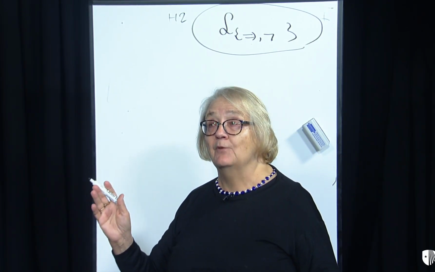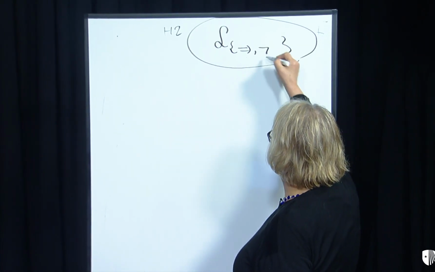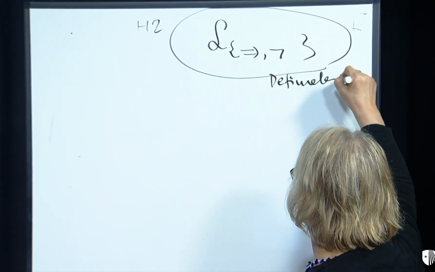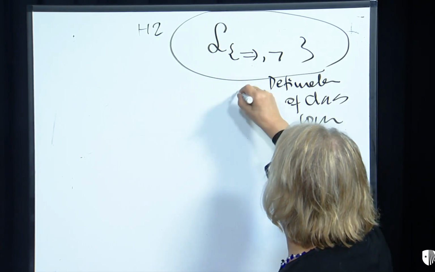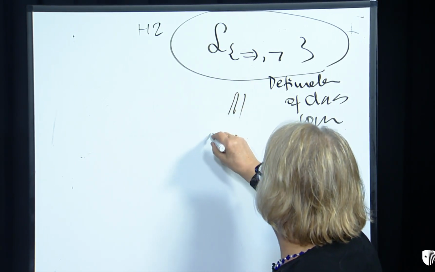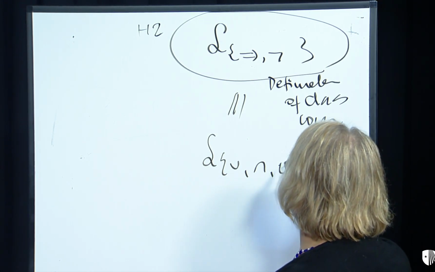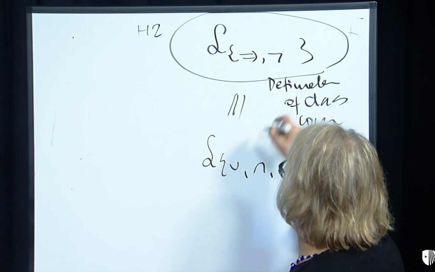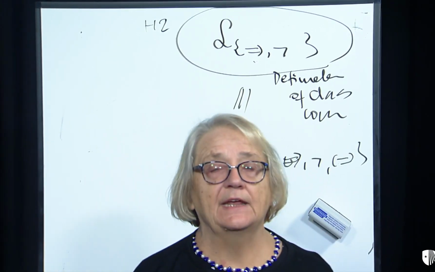Now we have two connectives. I have implication and I add negation, and from the definability of classical connectives, we know that that language is equivalent to the full language of classical logic, because all other connectives can be defined in terms of implication and negation.